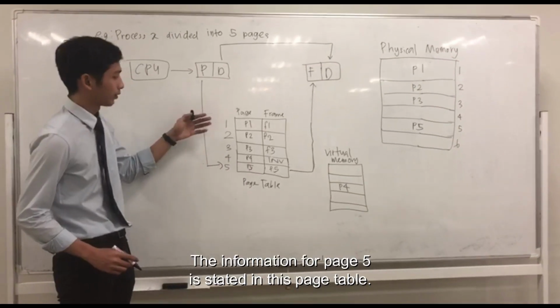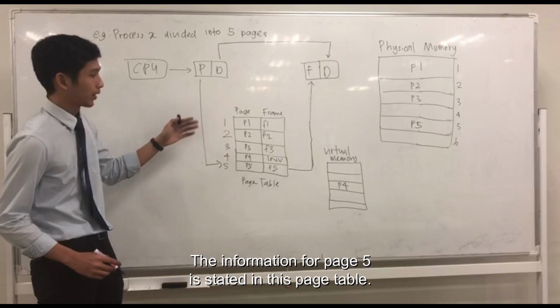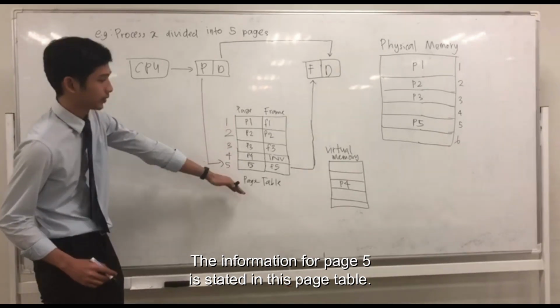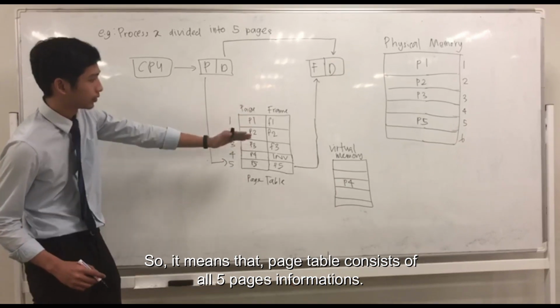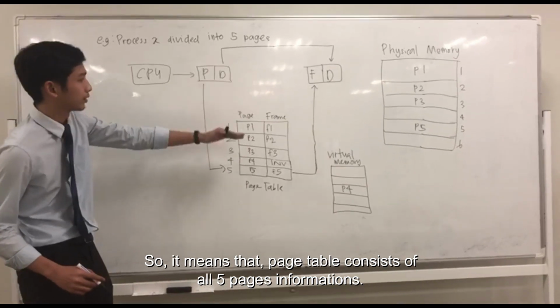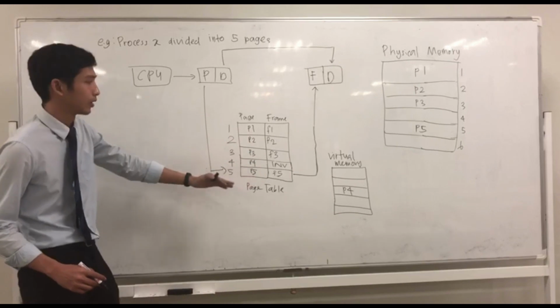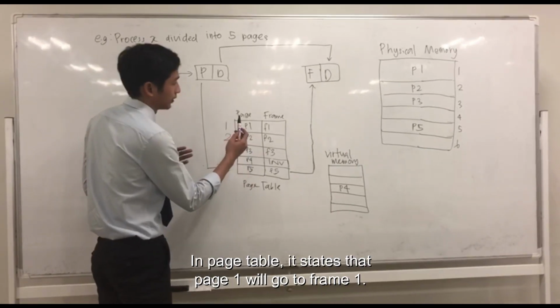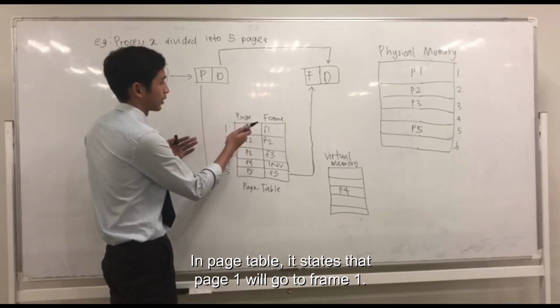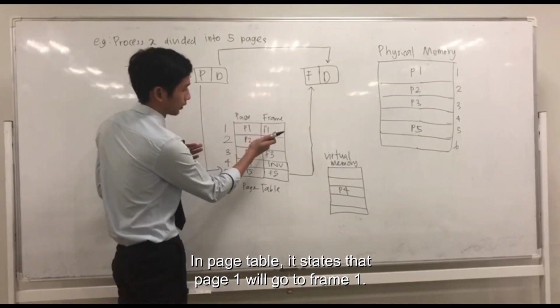The information for page 5 is stated in this page table. So it means that the page table consists of all 5 pages' information. In the page table, it states that page 1 will go to frame 1.